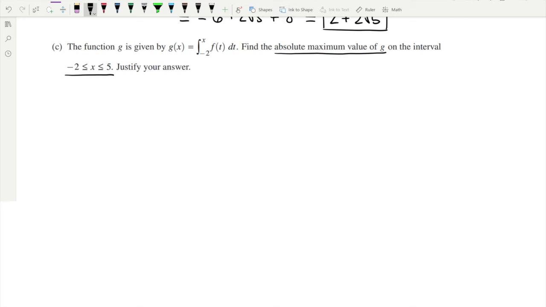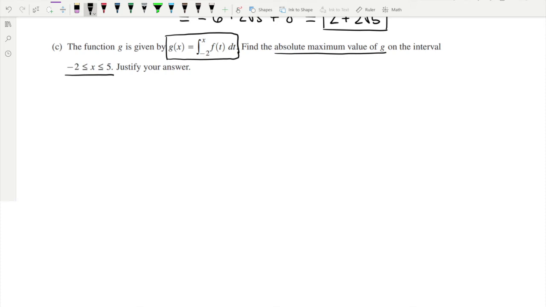Okay, so this type of problem where you have a function defined by an integral, meaning it's defined using an integral, right? This g is telling us something about the area under the function f from -2 to x.